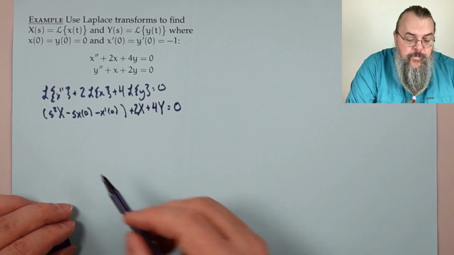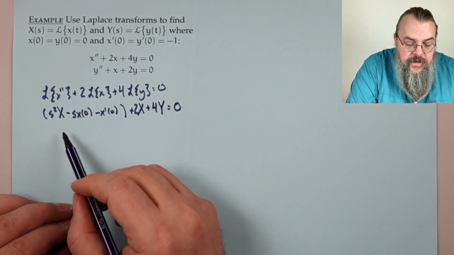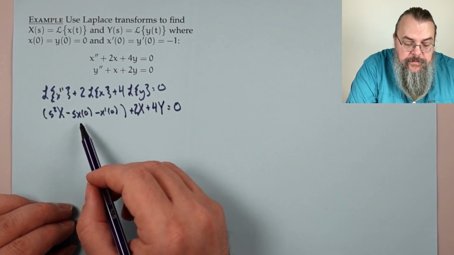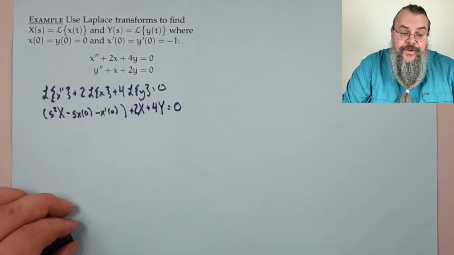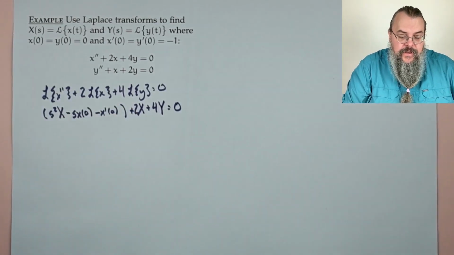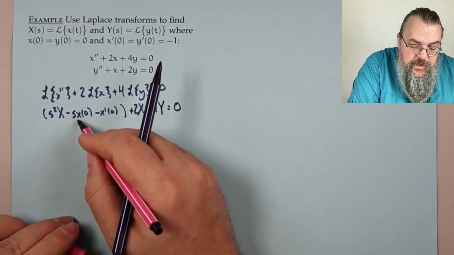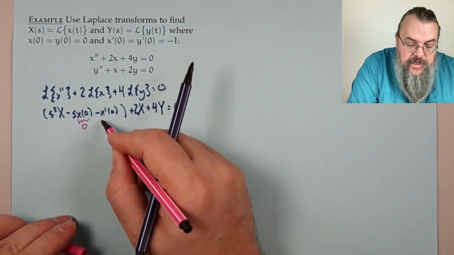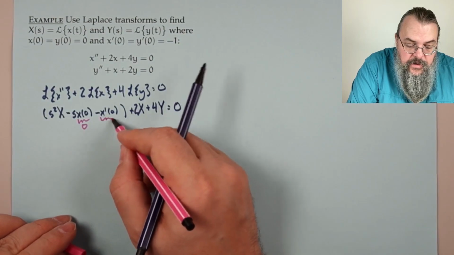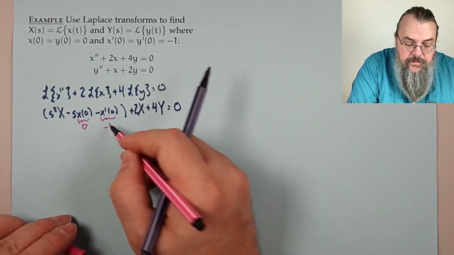Okay, all right, well, let's clean this up. We know x of 0 is 0. Okay, well, that's helpful. So this part here is 0, and x prime is 0. Well, we know that's negative 1.